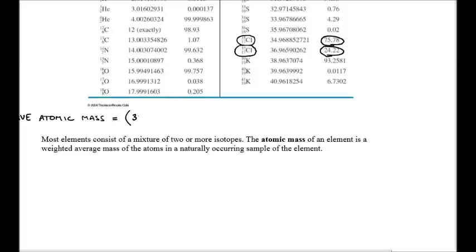In this case, they're telling us chlorine-35 has a mass of 34.969 times its abundance as a decimal, so 0.7578, plus the mass of the next isotope, rounded in this case to thousandths place, times its abundance written as a decimal.